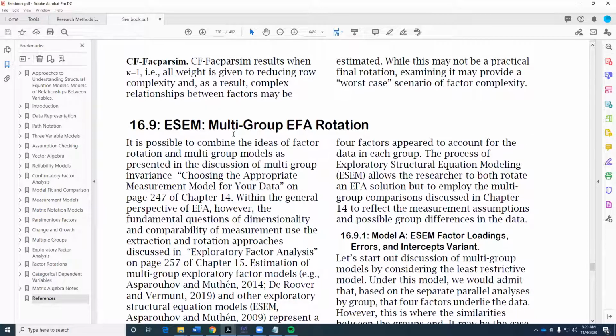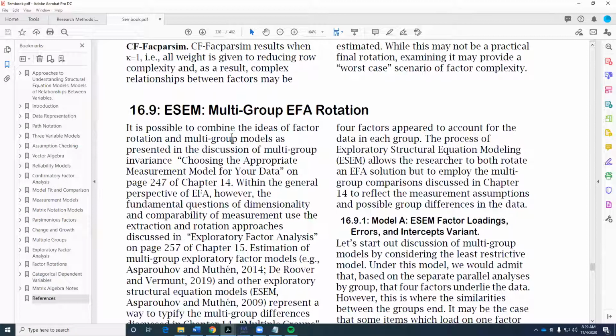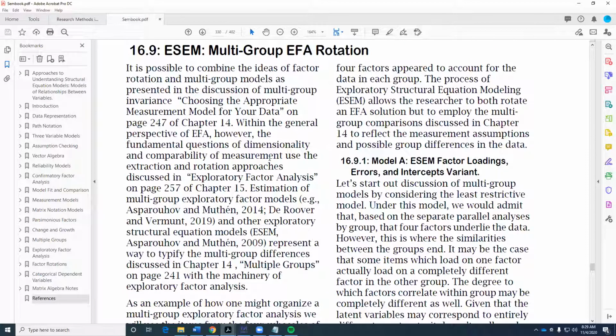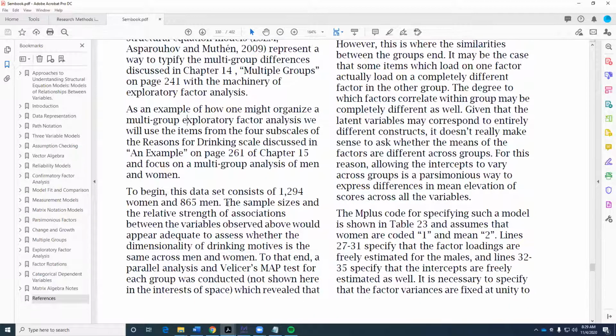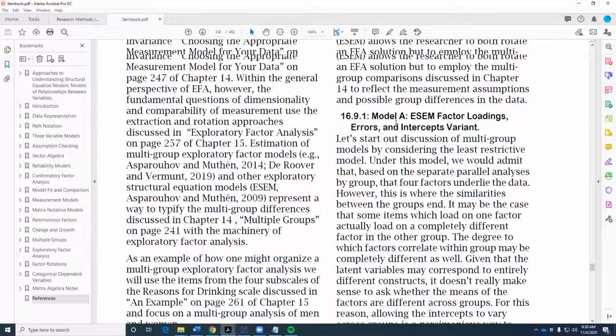So exploratory structural equation modeling is a way of trying to get at the idea of rotation within a multi-group model. One way of thinking about an exploratory factor analysis is we'll go back and use the items from the subscales of the reasons for drinking scale. And you could then do an exploratory factor analysis of just the women and just the men, and satisfy yourself that you have the same numbers of factors going on.